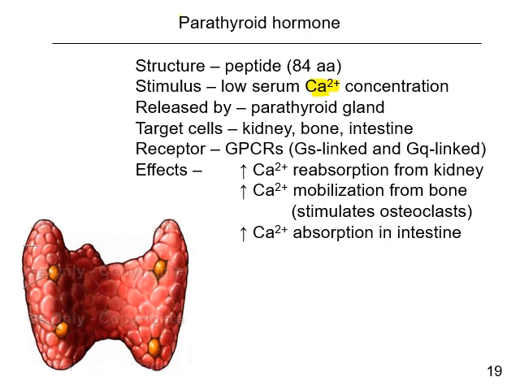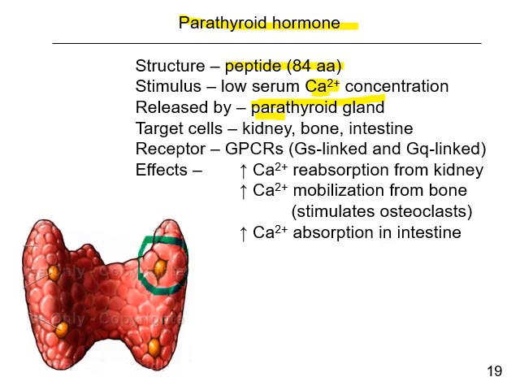So one of the hormones that controls calcium levels in the blood, in the serum, is parathyroid hormone. It is a small peptide produced by the parathyroid gland. Para means around, so these are parathyroid cells.